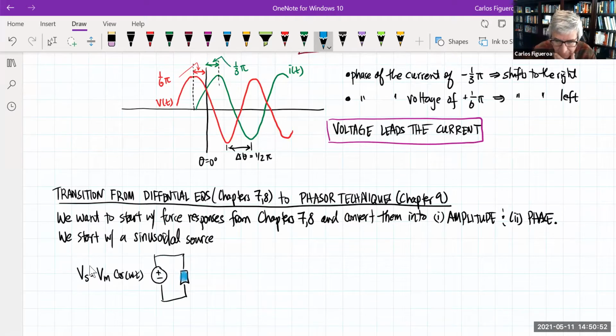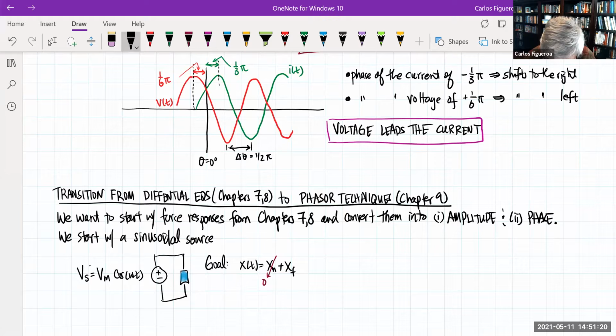So if we look at this thing, our goal is going to look something like this. We want to take chapter 7 and 8 solutions to this. That tells us that x of t will be the natural response plus the force response. And we already have discussed that the natural response is 0 because we're going to reach AC steady state.